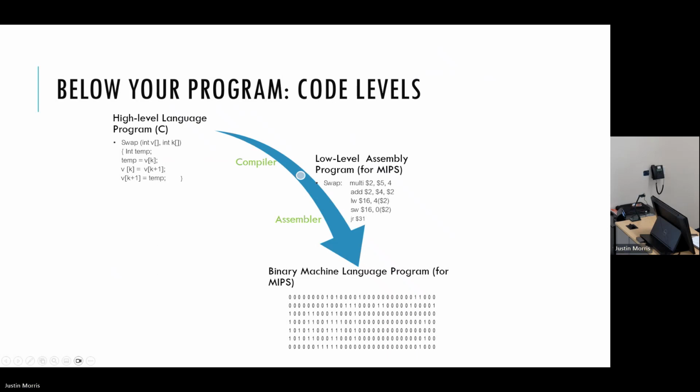Because of this abstraction layer between the high level programming language and the compiler, I can change my compiler flags to target different ISAs. So that means my same program can run on a computer that is implementing ARM. I can compile it for x86.